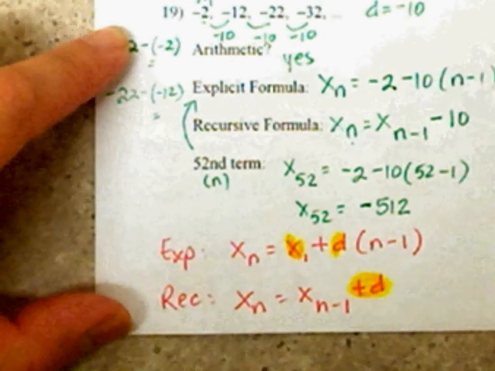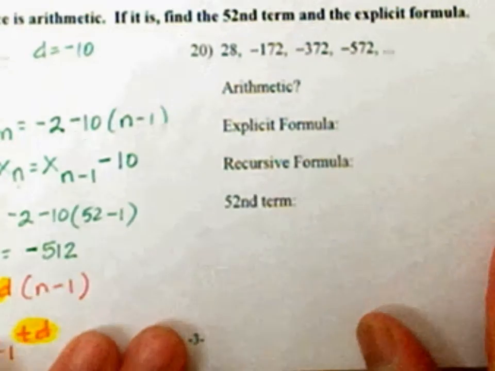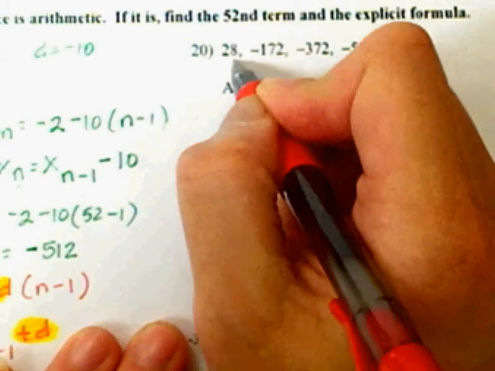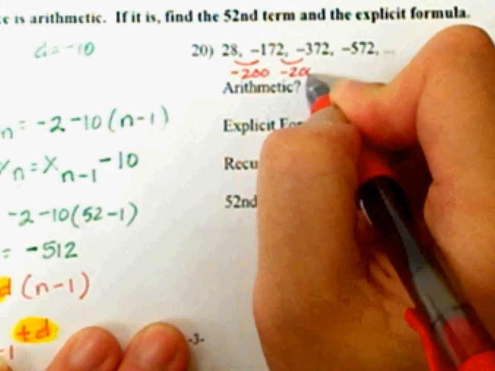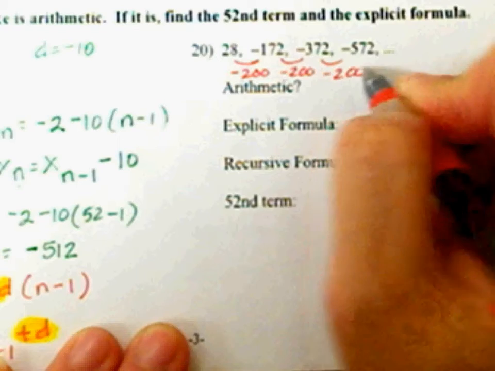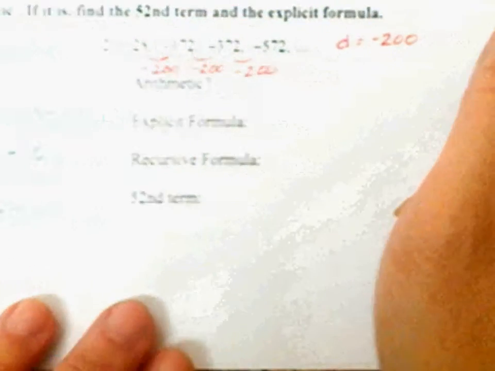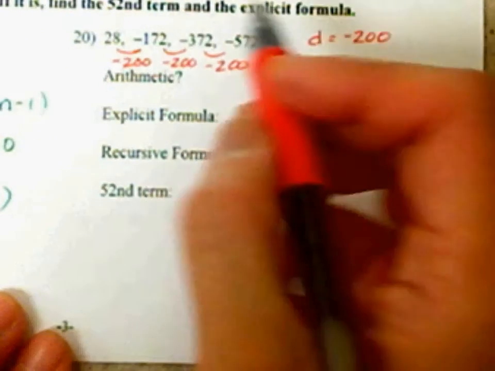Let's look at number 20 now that you have this information. Okay? On number 20, let's see if you see a pattern. What is taking place? When I subtract these two, I notice I'm going down by 200 every single time. So that's my d. d is negative 200. Okay. Is this an arithmetic sequence? The answer is yes.